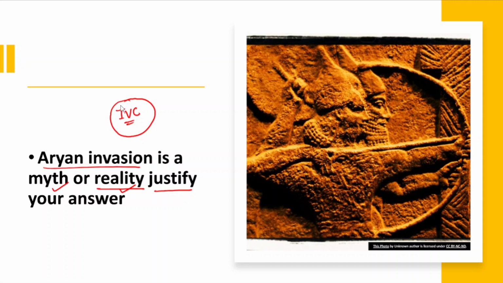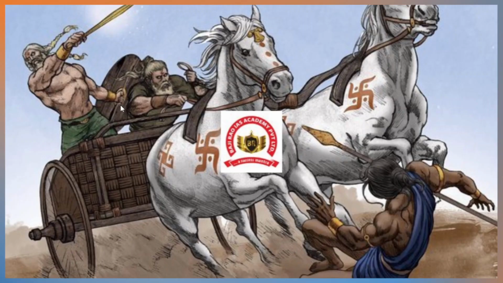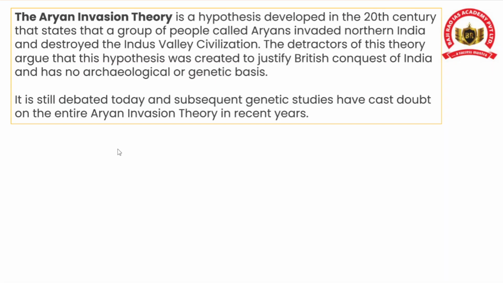Therefore, over a period of time, because of the Aryan invasion, the Indus Valley civilization perished. However, this is just a myth, and the question asks whether it is a myth or a reality. So you have to write arguments in favor of whichever you choose. This image you can see here resembles the Aryan invasion.